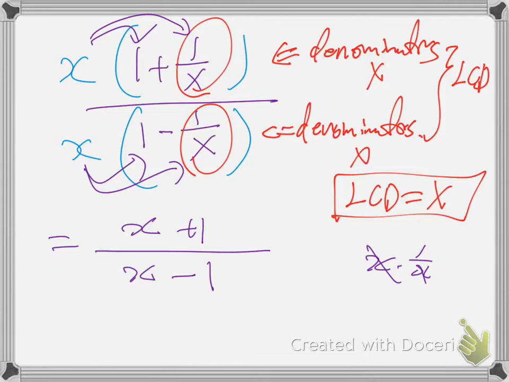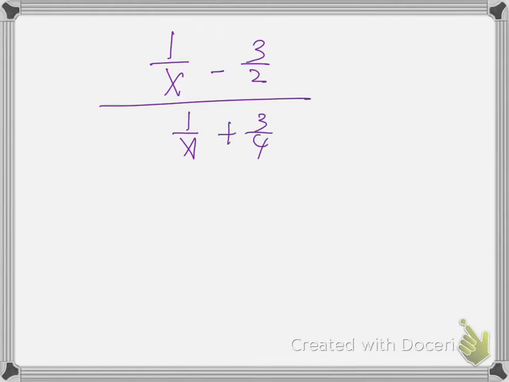So now let's look at another example. Let's say we have 1 over x minus 3 over 2, divided by 1 over x plus 3 over 4. First we look at the denominators on top: we got x and 2.